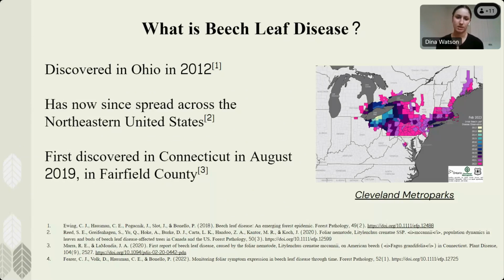It was first discovered in Connecticut in August of 2019 in Fairfield County, and now affects all counties of Connecticut, all across the Great Lakes region, New England, and the Mid-Atlantic. This image on the right shows the distribution of beech leaf disease as of 2022. As you can see, it was pretty widespread then, and it has spread greatly since then into West Virginia, Vermont, and some areas of Virginia.